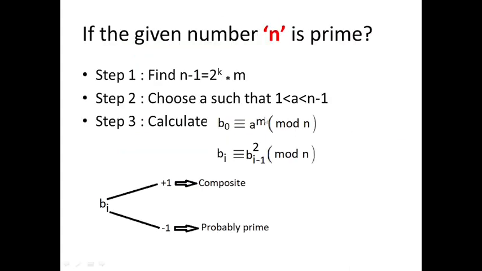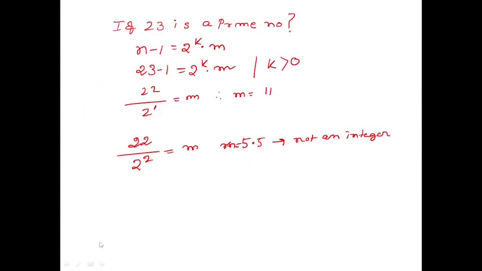Once we get this fraction, 5.5, we go back to our previous step where the value of m is 11. So step number 1 is done.